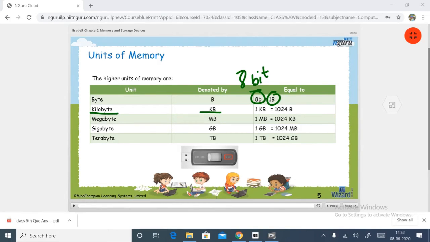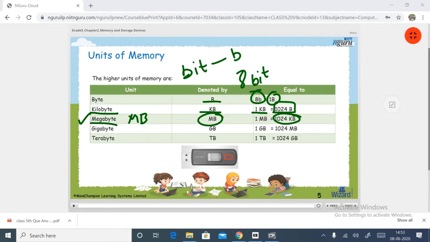Next is the kilobyte, denoted by KB. 1 kilobyte is equal to 1024 bytes. Megabyte is denoted by MB, and 1 MB is equal to 1024 KB.